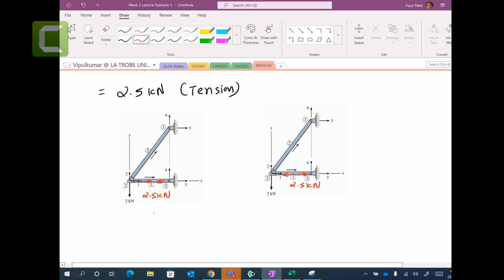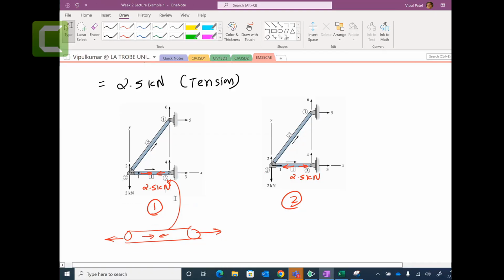When you apply these tensions, it will be like this internally. So that is the correct answer, tension. So I hope you understand the story. If someone asks you to calculate those things, you can easily do it.